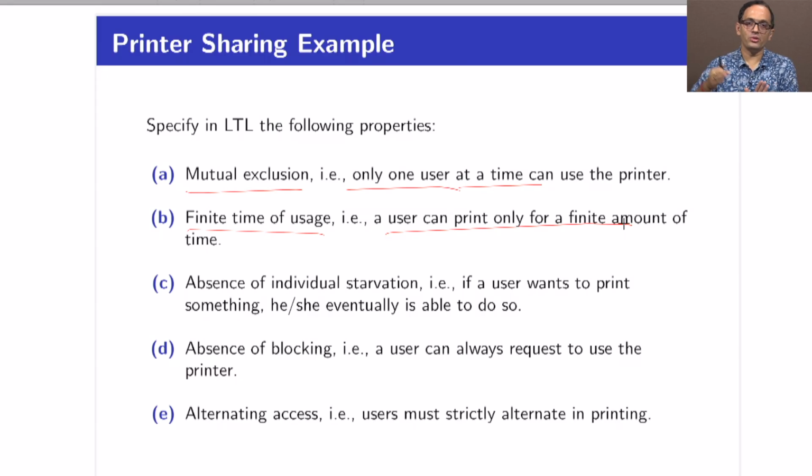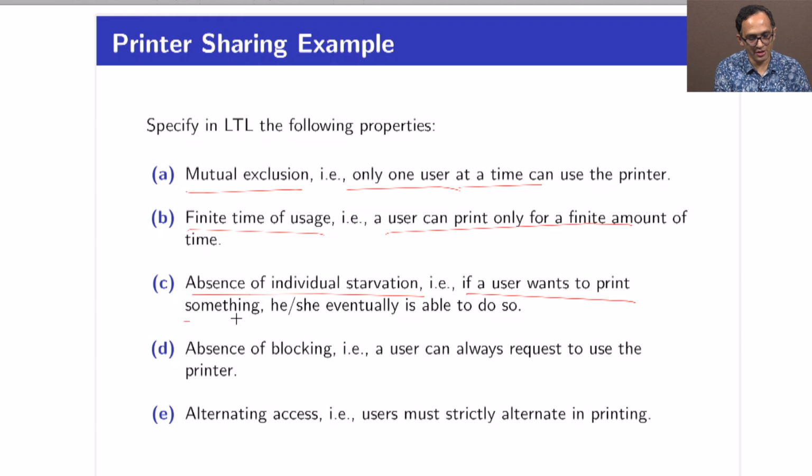So if you start printing, say you have 5 pages, 10 pages, 30 pages, within a finite amount of time you will complete your printing, right? So finite time usage. And then no starvation. That means if you want to print something, eventually you will get access to print your document, right? If a user wants to print something, he will eventually be able to do so.